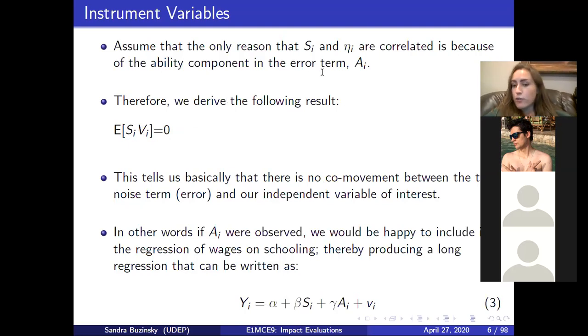However, there is correlation between S_i and eta_i, and that comes strictly from ability, right? Because ability is in our error term, we're not controlling for it, and it affects our years of education.